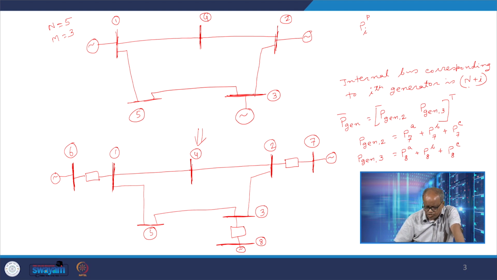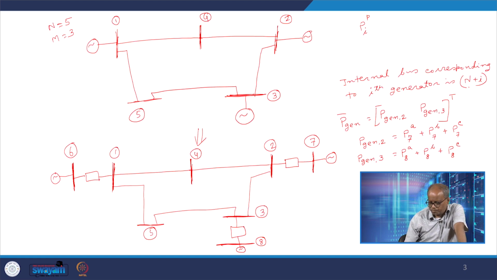So in general, I can say in general, here you can see that Pgen i is equal to P8 when i is equal to 3. 8 is nothing but 5 plus 3, and what is 5? 5 is nothing but n.